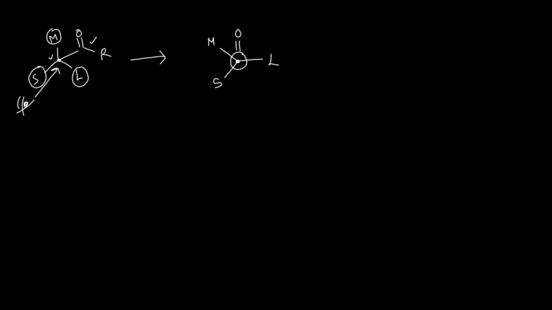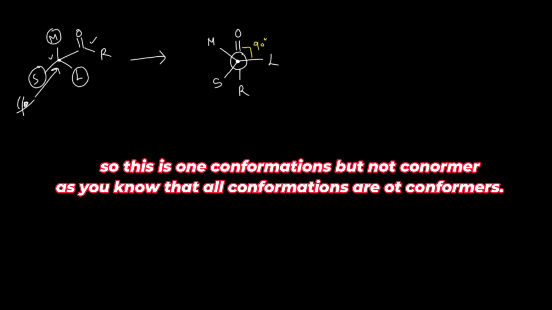And anti to this, you have this group R. This is one conformer. What Felkin says is that whenever you have the large group, it will form an orthogonal relationship to the carbonyl carbon. That means it will be placed perpendicular to the plane of the carbonyl carbon, so this angle is 90 degrees. Please remember, this is one conformer.